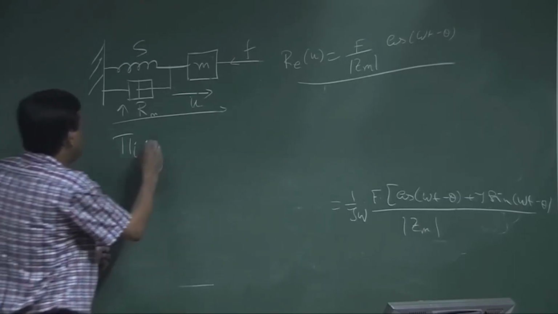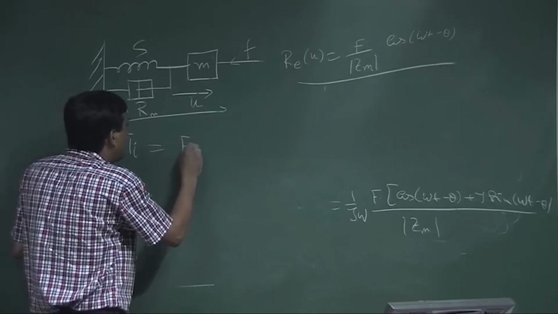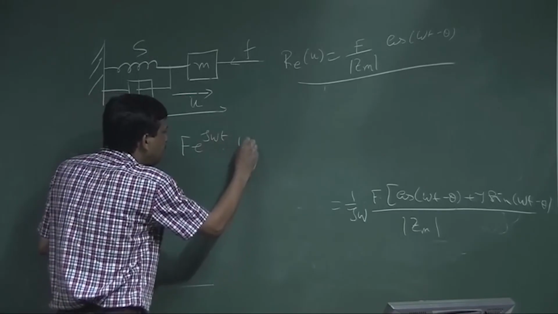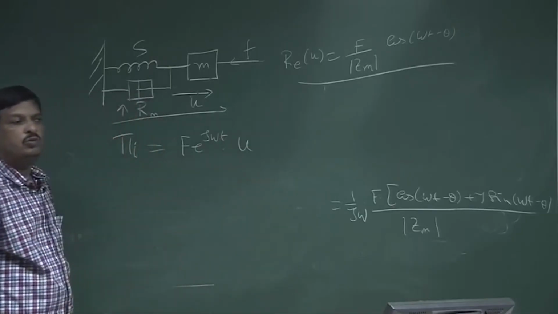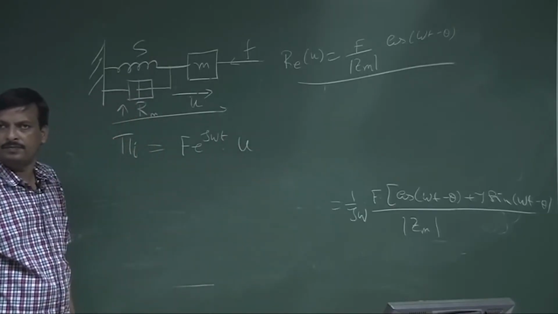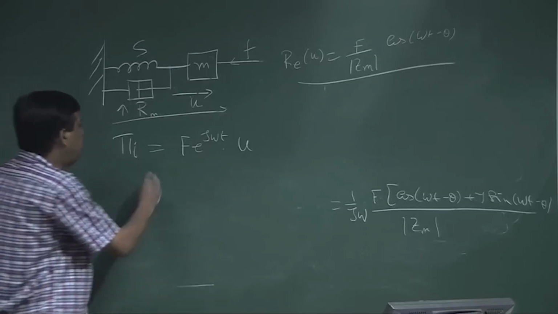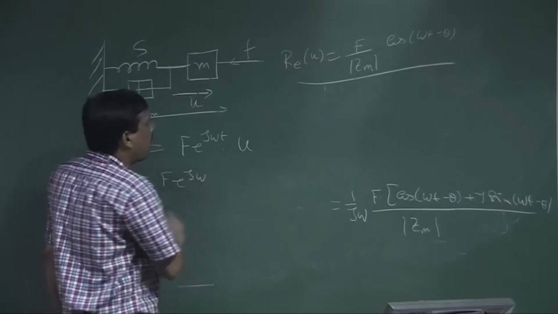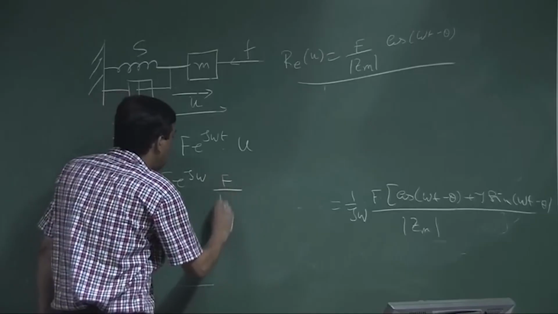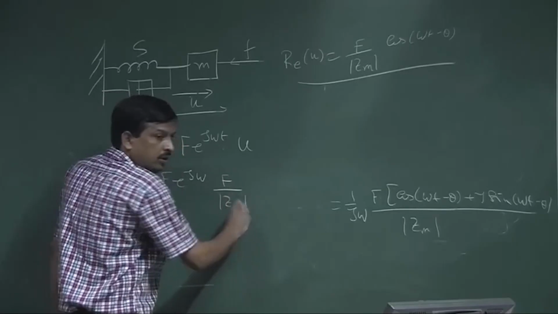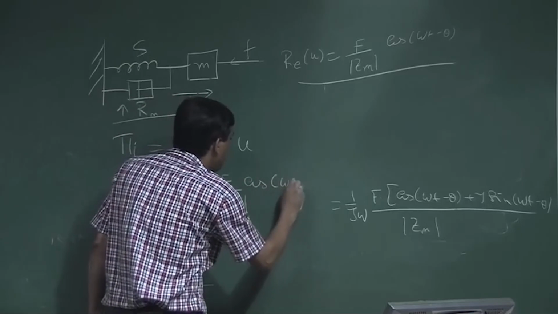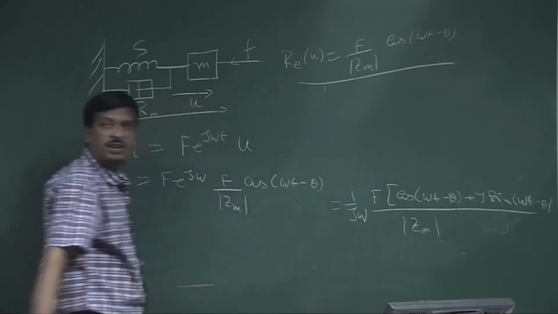So, I can say that it is nothing but force F e to the power j omega t multiplied by u, the speed. Okay. So, what is the speed? What is the real part of the speed? F by mod of Zm cos of (omega t minus theta).